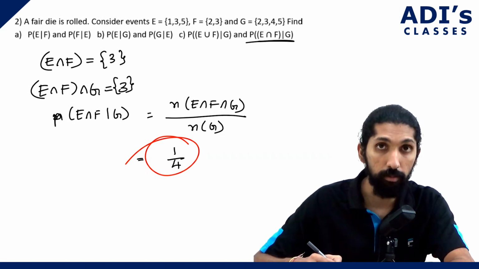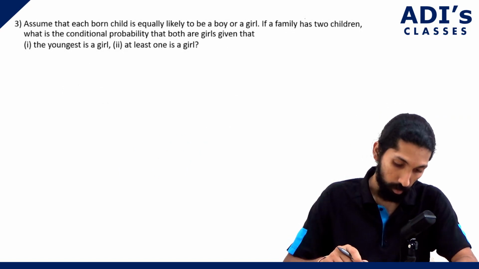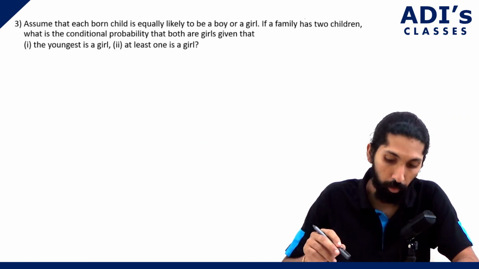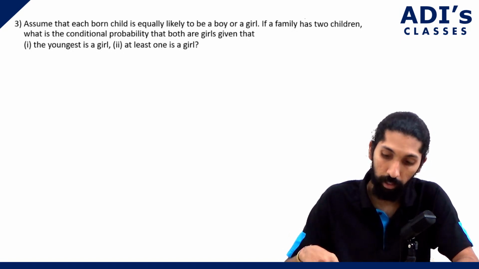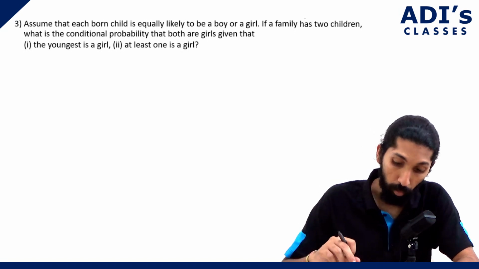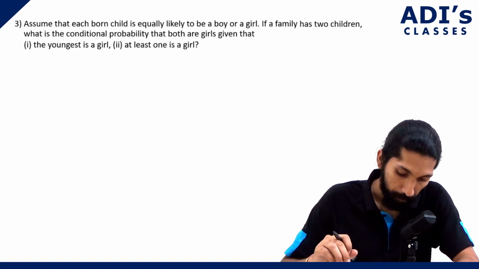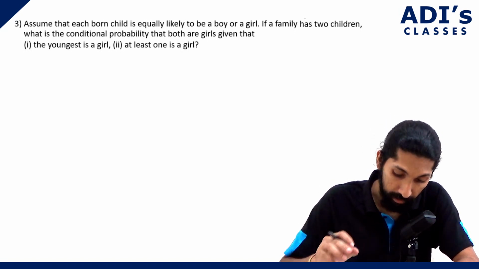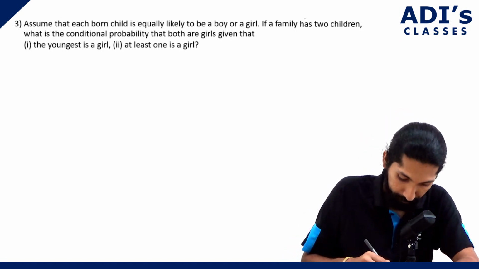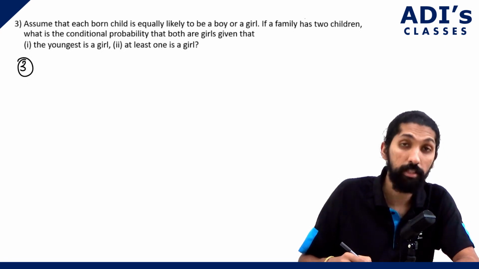Now let's do the next one. Look at the third one. Assume that each child born is equally likely to be a boy or a girl. If a family has 2 children, what is the conditional probability that both are girls, given that the youngest is a girl, and given that at least one is a girl? So let's look at the math here. First, the sample space.